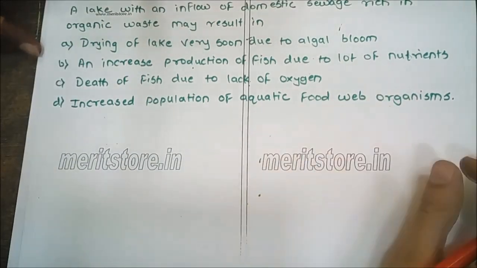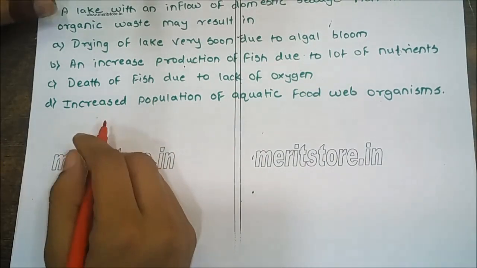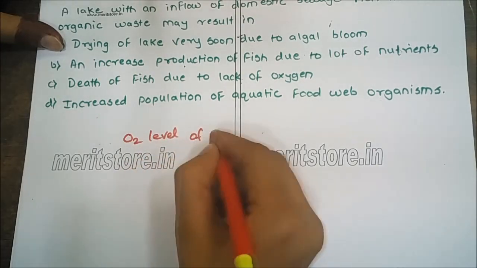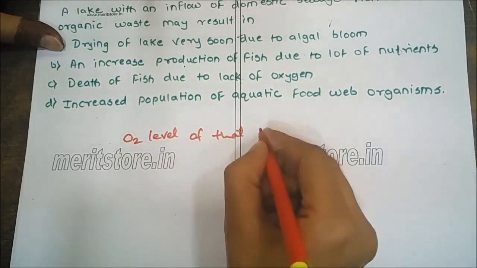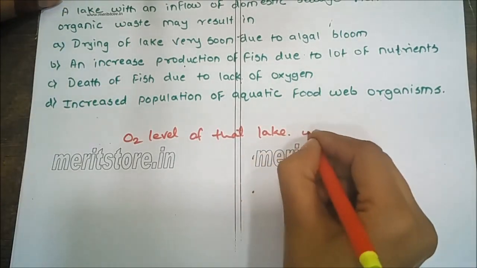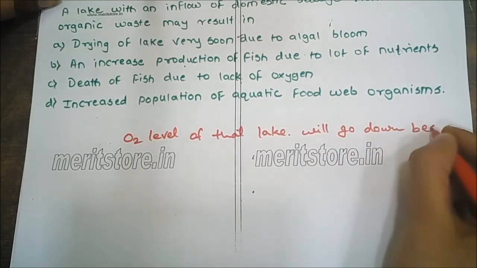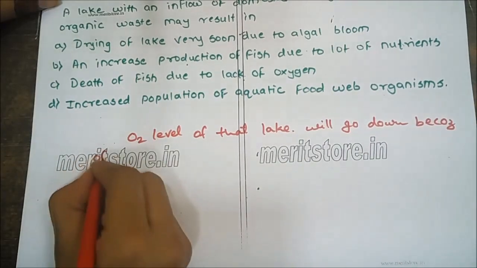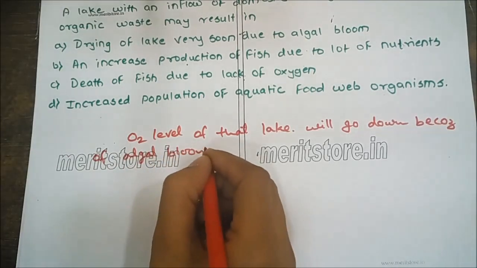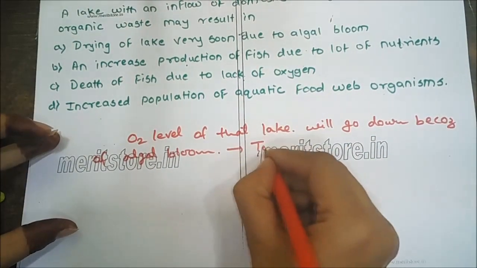So, a lake with an inflow of domestic sewage rich in organic waste will have its oxygen level go down because of algal bloom, and these blooms also release some toxic chemicals.